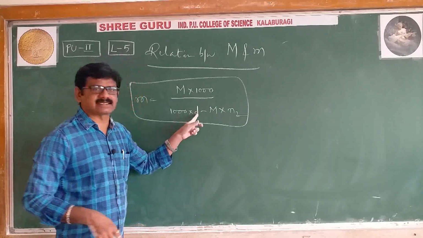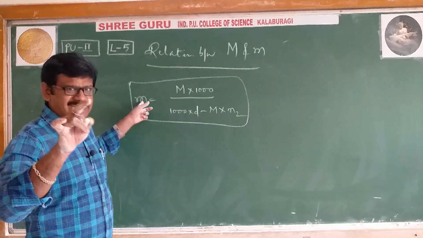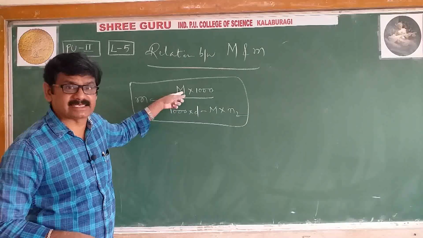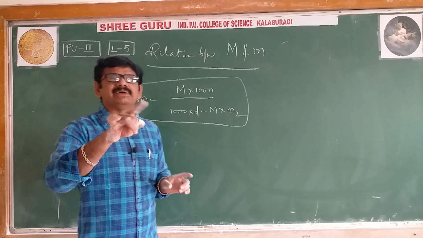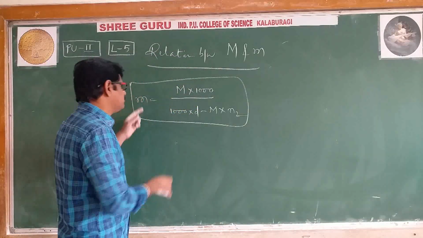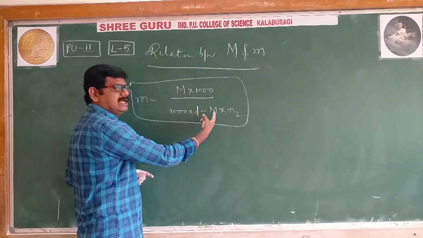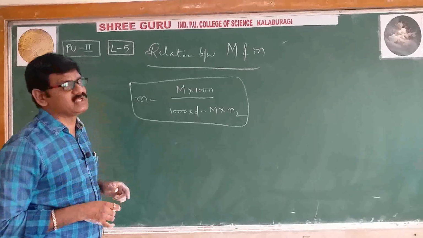See, the density factor is coming here. Why? Because molarity is temperature dependent and molality is temperature independent, so both terms are related with the density factor. Here small m, capital M, density, and again molarity with the molar mass of solute.